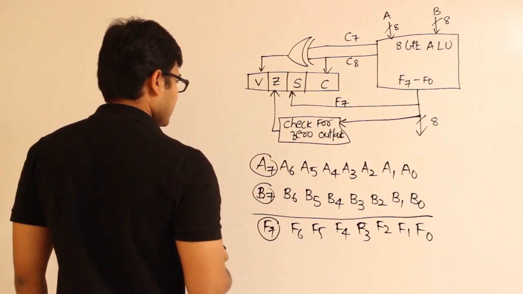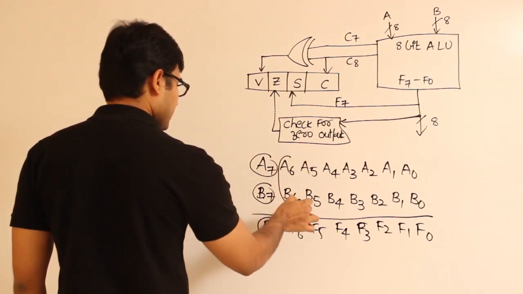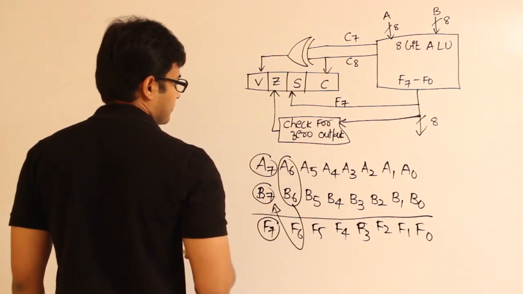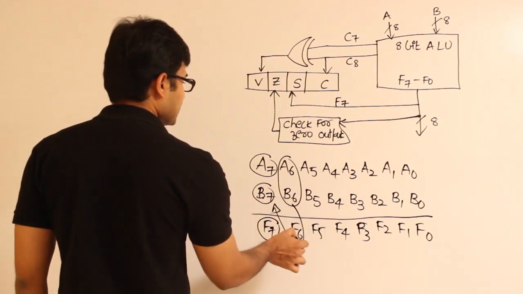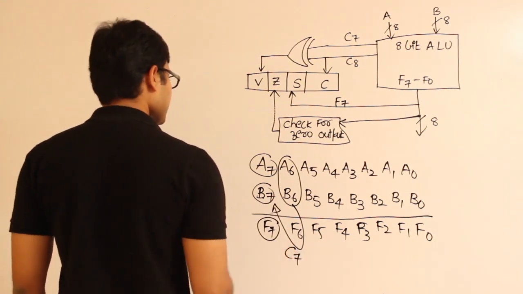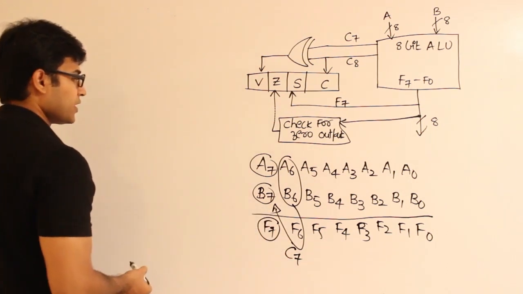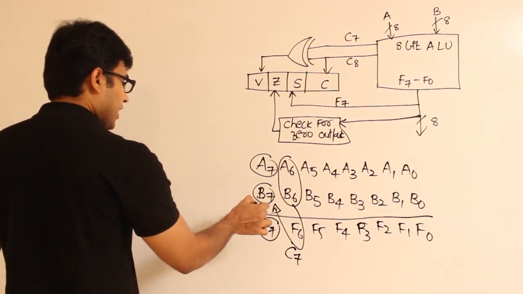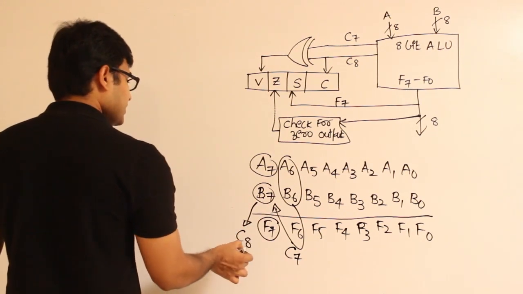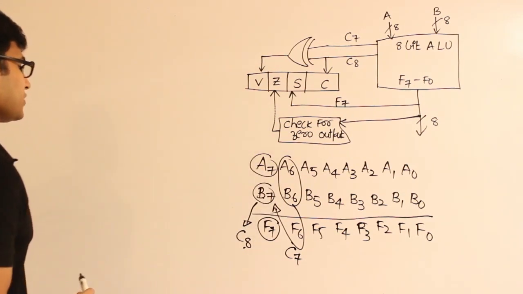Then assume that the carry which comes from this stage and goes into this stage, let's call it C7. C7 is nothing but the carry into the most significant bit, and the carry that comes out of this stage, let's call it C8. C8 is nothing but the actual carry that comes out of this operation.